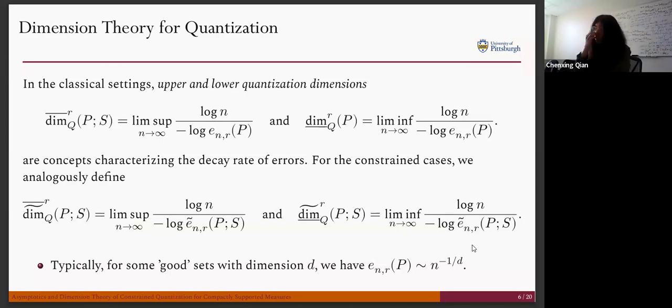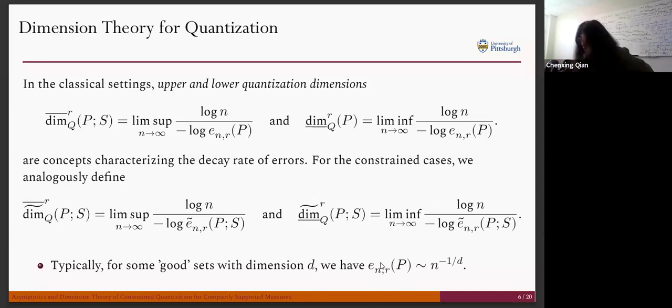What does the classical dimension theory tell us? If the geometry of a set is good enough, then the quantization dimension of the probability measure supported on this set coincides with the other standard dimensions, for example the Hausdorff dimension, the Minkowski dimension, and the Renyi dimension in some cases.